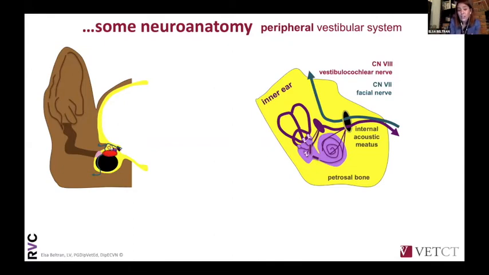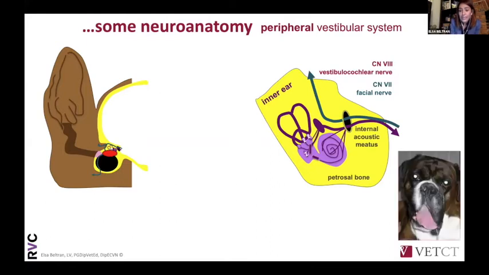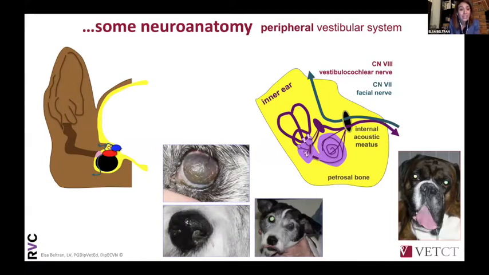So if we have a lesion at that level, once it has bifurcated, we may see vestibular signs but also facial signs, mainly motor. However, if we have a severe lesion in the petrosal bone, we will not have just the facial motor signs. It's very likely we also have parasympathetic damage to the facial nerve. What is that parasympathetic damage going to cause? It's going to cause neurogenic keratoconjunctivitis sicca, what is commonly known as dry eye, but with a neurogenic underlying cause, and also xeromycteria, the neurogenic dry nose, along with the associated vestibular signs.